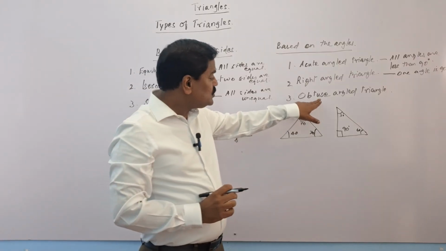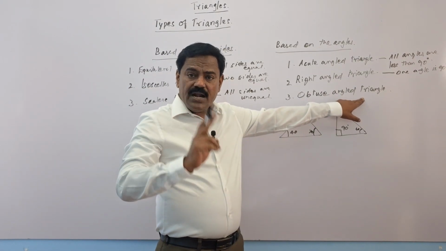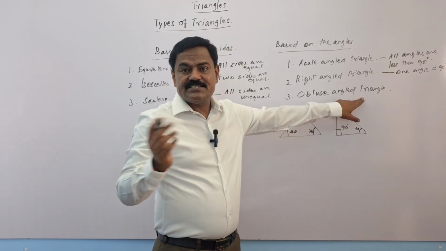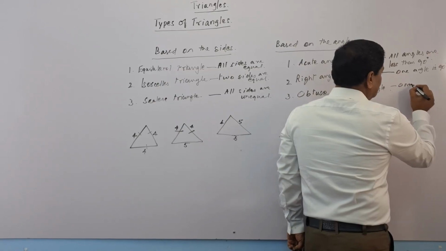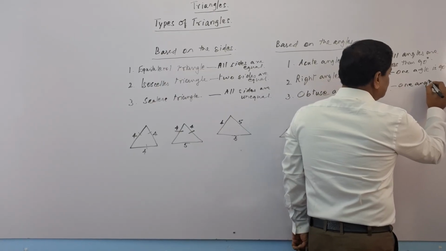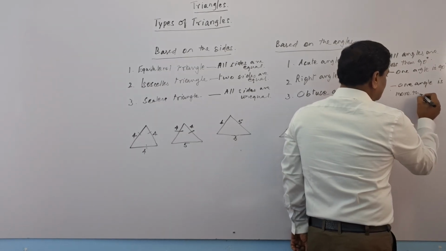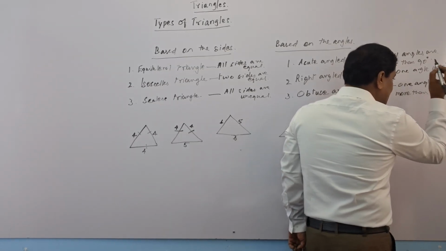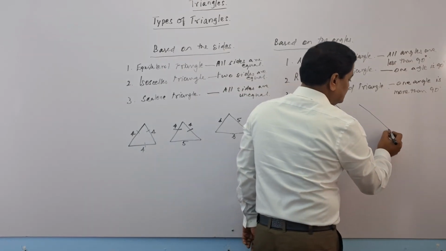Now coming to obtuse angled triangle, here one angle will be more than 90 degree. Let's make a diagram.